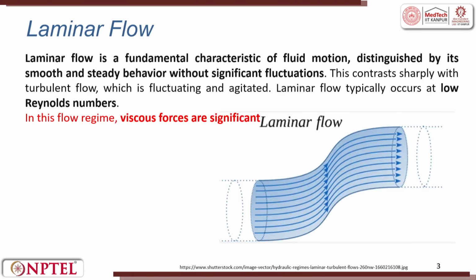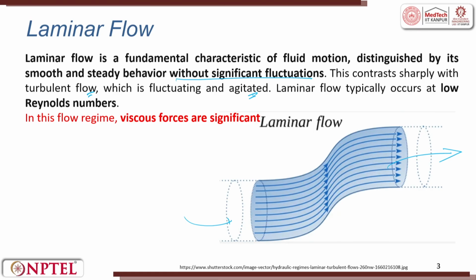Laminar flow. Laminar flow is a fundamental characteristic of fluid flow distinguished by its smooth and steady behavior without significant fluctuations. So it enters and exits very smoothly. This contrasts sharply with turbulent flow, which is fluctuating and agitated.